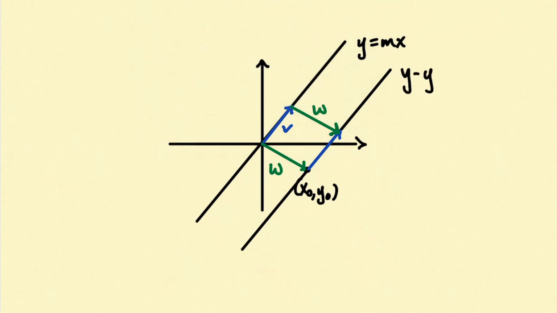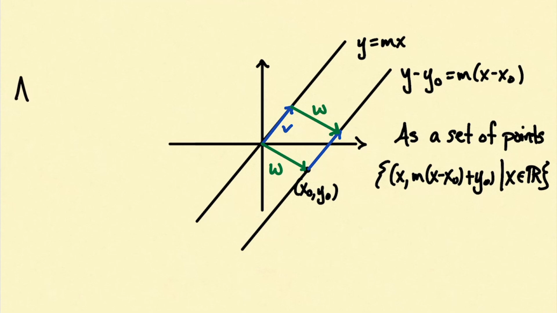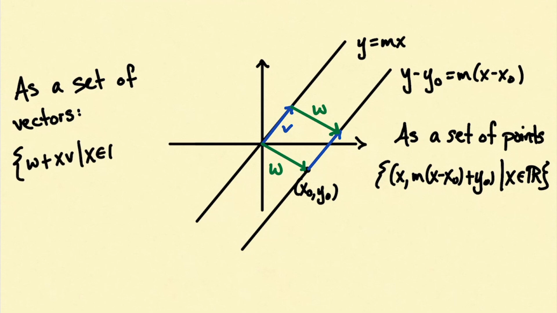We can see on the right-hand side of our parallelogram that if we allow v to be scaled and added to w, we'll get the parallel line y minus y0 is equal to m times x minus x0. As a set of points, we can write the line y minus y0 equals m times x minus x0, while as a set of vectors, we can write it as the set w plus x times v, where x is a real number.